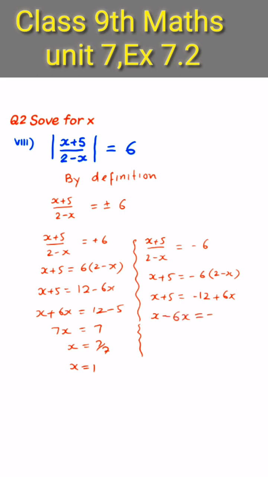X minus 6x is equal to minus 12 minus 5, we will get minus 5x is equal to minus 17. Minus is cancelled by minus, so x will be equal to 17 by 5. We will get solution set 1 and 17 by 5.